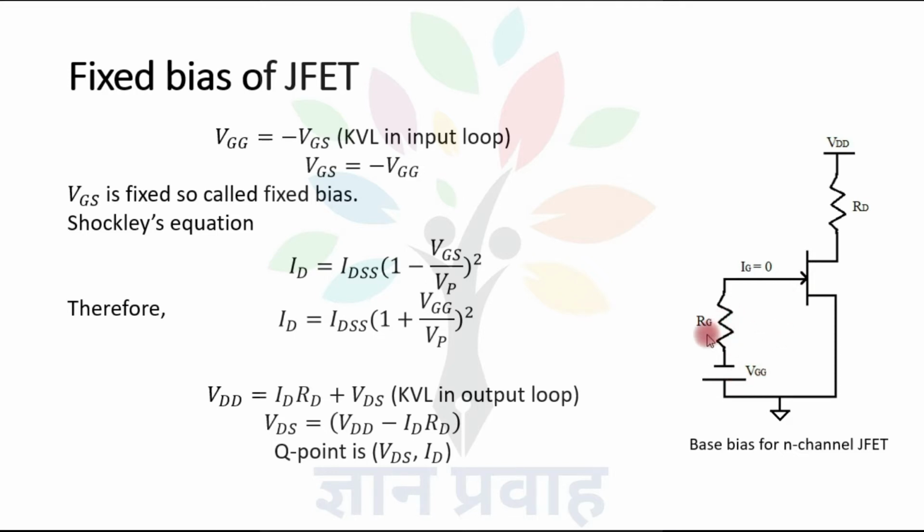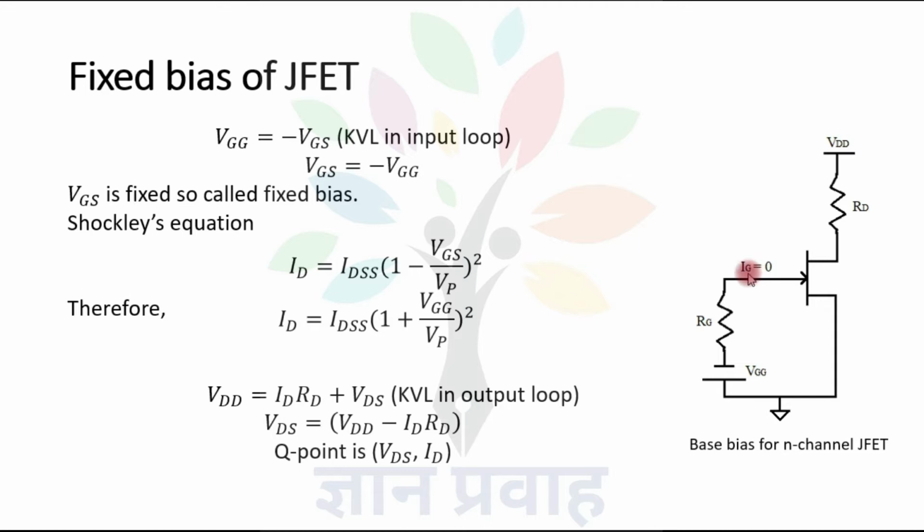In case of fixed bias, there is one resistance, that is the load resistance RD, input resistance RG, input biasing potential VGG, and an N channel JFET. So ideally the gate current of the JFET is close to 0 or equal to 0.